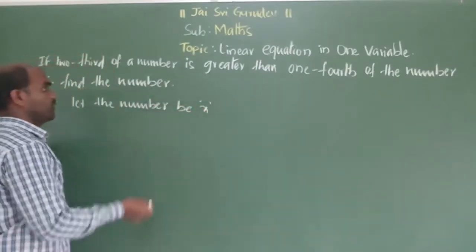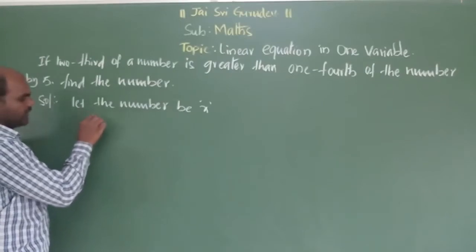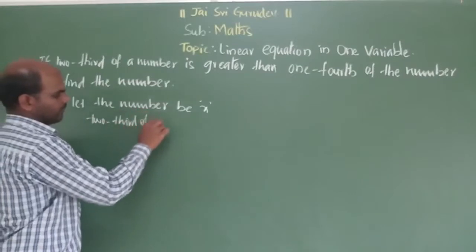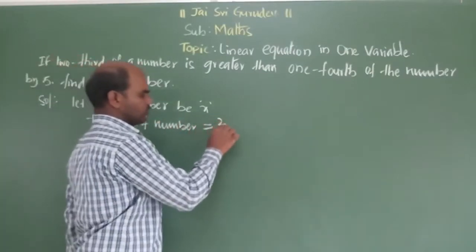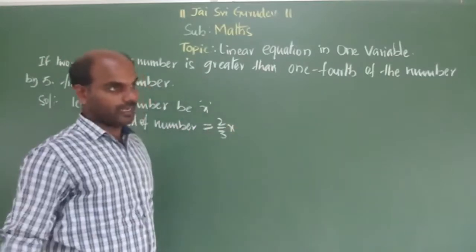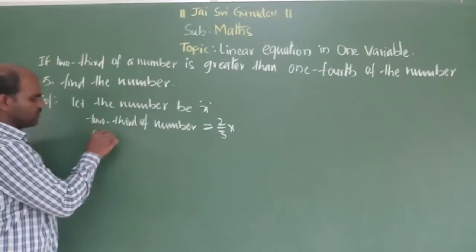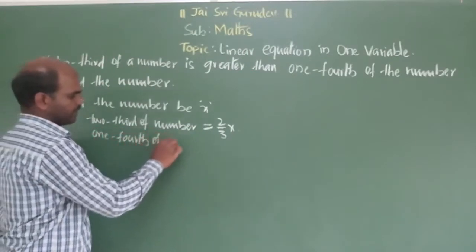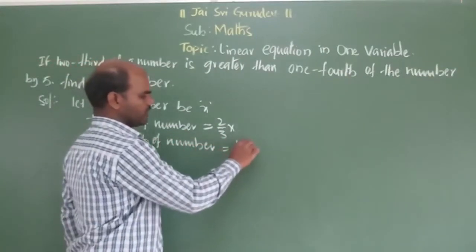Now two-thirds of the number is equal to 2 by 3x, as well as 1/4 of the number is equal to 1/4x.